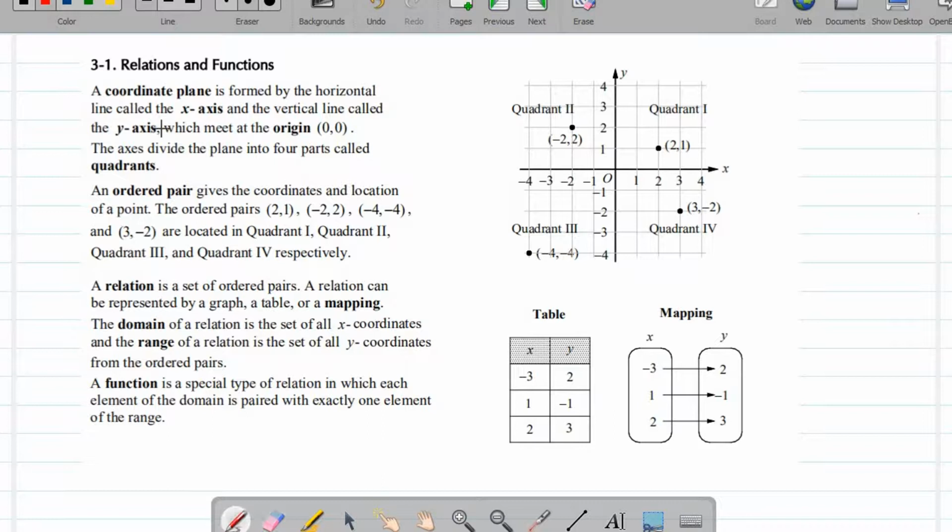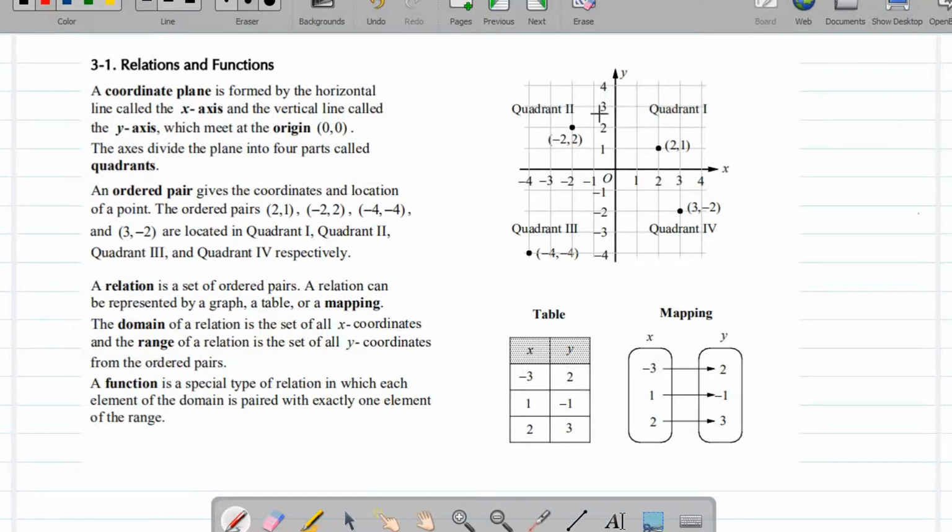When talking about a coordinate plane, it is formed by the horizontal line called the x-axis, another name for which is the abscissa, and the vertical line called the y-axis, or the ordinate. They meet at the origin, which is (0, 0). The axes divide the plane into 4 regions, and each of them is a quadrant.